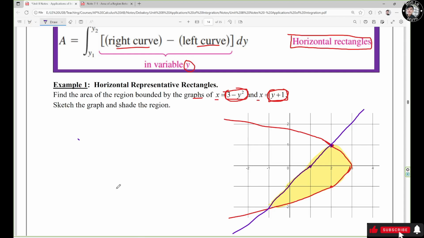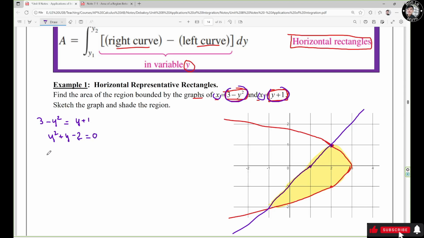Now, first you need to find the intersection between the two graphs. You just equate the right-hand sides, because they both equal x. So you have 3 minus y squared equals y plus 1. Now convert this to a quadratic equation: y squared plus y minus 2 equals 0.